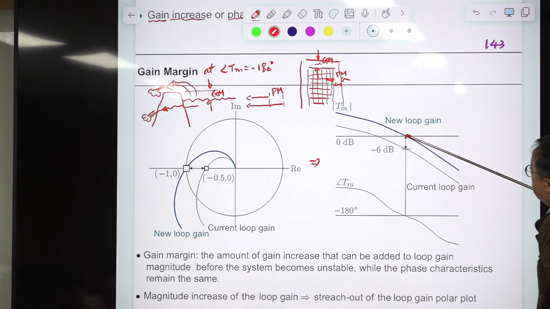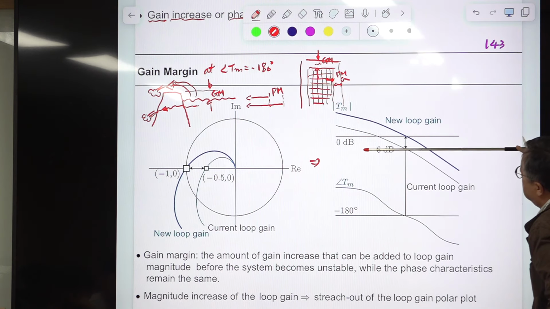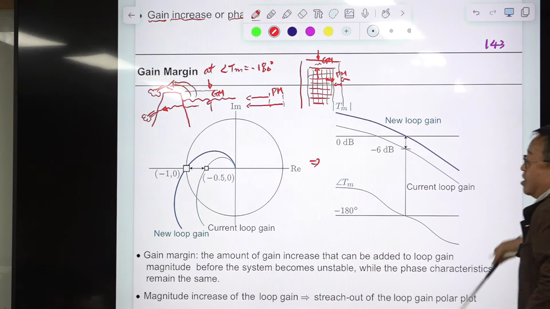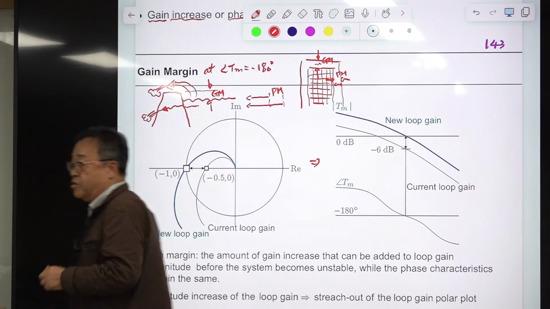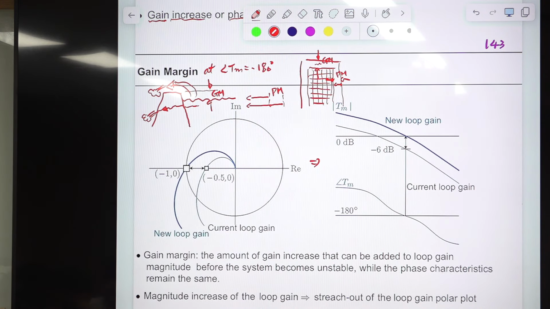It's smaller than 1. How much smaller? This much. Okay? So this should be 6 dB. 20 log 2 is 6 dB. So this value is minus 6 dB, and the gain margin is 6 dB. So this is GM. The gain margin is 6 dB. Okay.